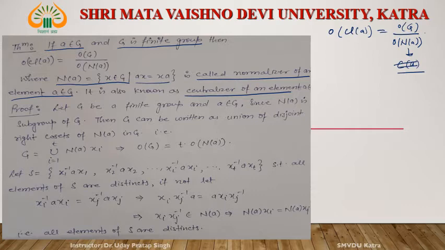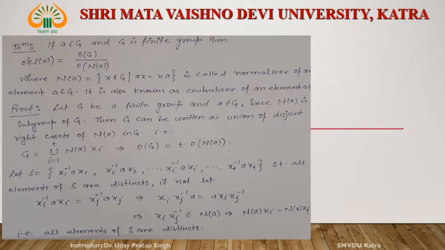This is the statement of the theorem: the order of cl(a) is equal to the order of G divided by the order of the normalizer of a. Now see the proof.